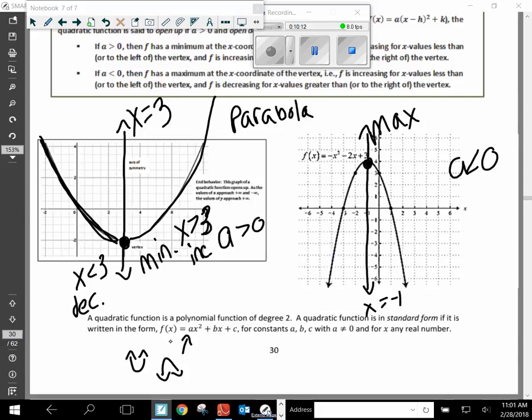Down here, this is called the standard form of a quadratic. And C represents something. Hopefully you're saying y-intercept. So this vertex we just mentioned has another name. We can also call it the turning point.